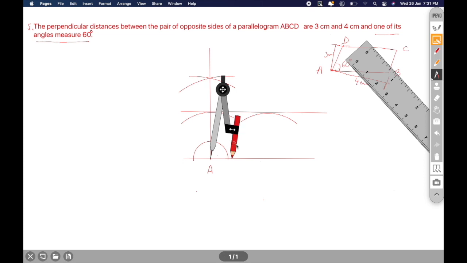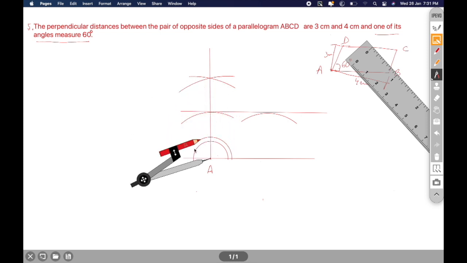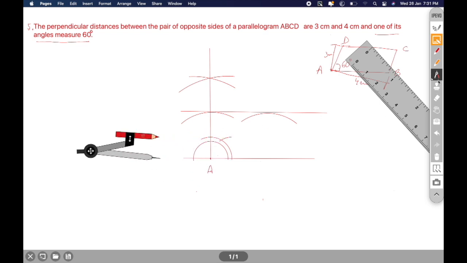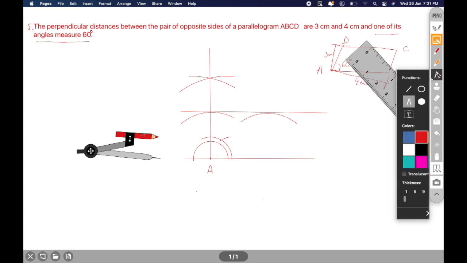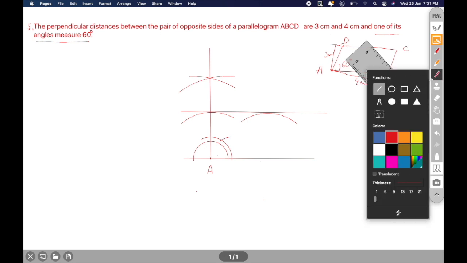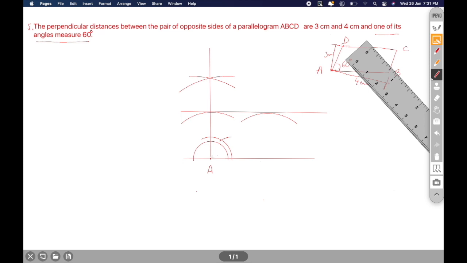If we draw an arc and then take this point as the second center and draw another arc to cut this arc at this point, and we join this point with a ruler and produce it, it will meet the parallel line at the vertex D. So we have got this point as the vertex D.